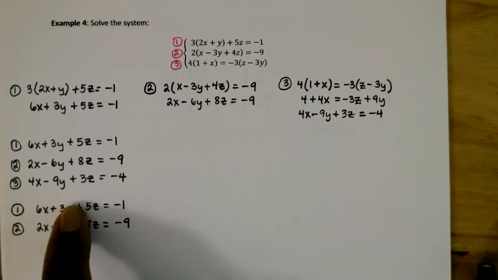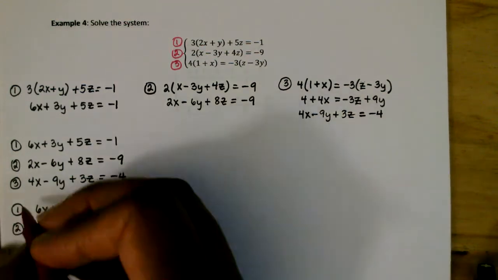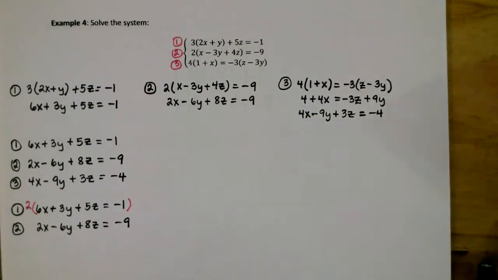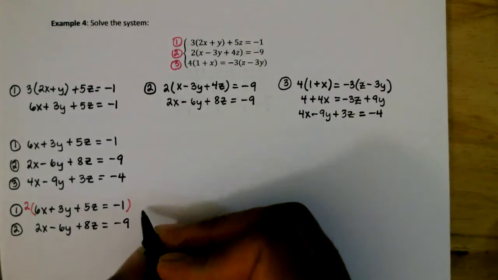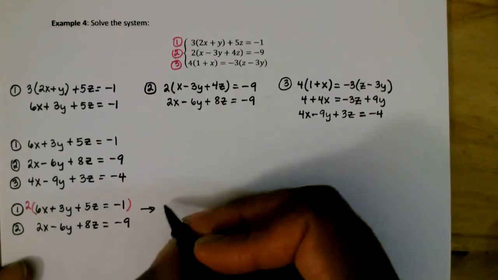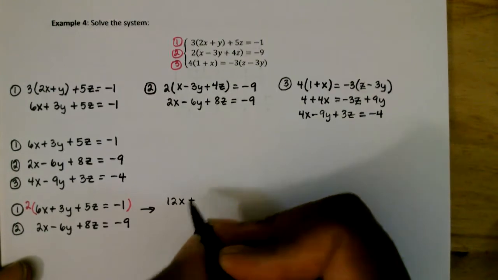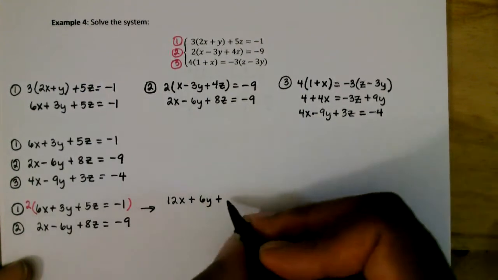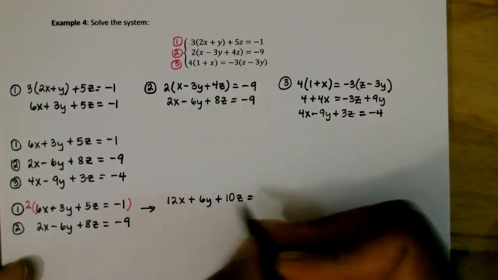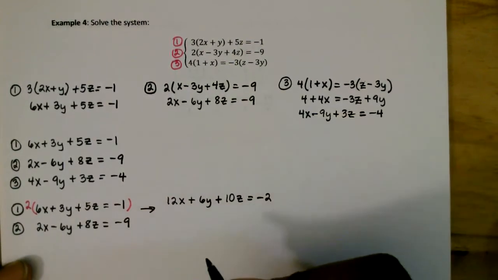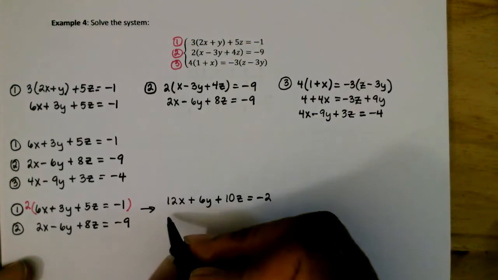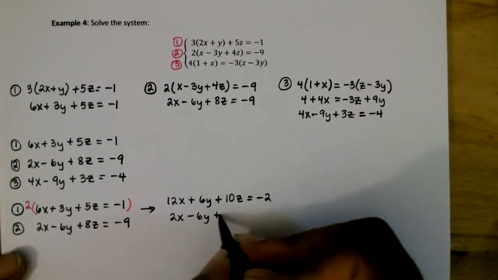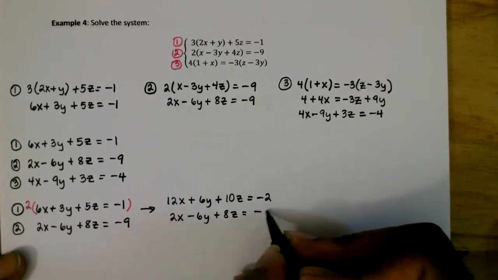Well, if I want that 3y to be 6y, I need to multiply equation number 1 by 2. And when I do that, here's what I'm going to have. 2 times 6x, that's 12x, plus 2 times 3y, which is 6y, plus 2 times 5z, which is 10z. That's equal to 2 times a negative 1, which will be negative 2. The second equation, equation 2, I'll just bring that over. 2x minus 6y plus 8z equals negative 9.